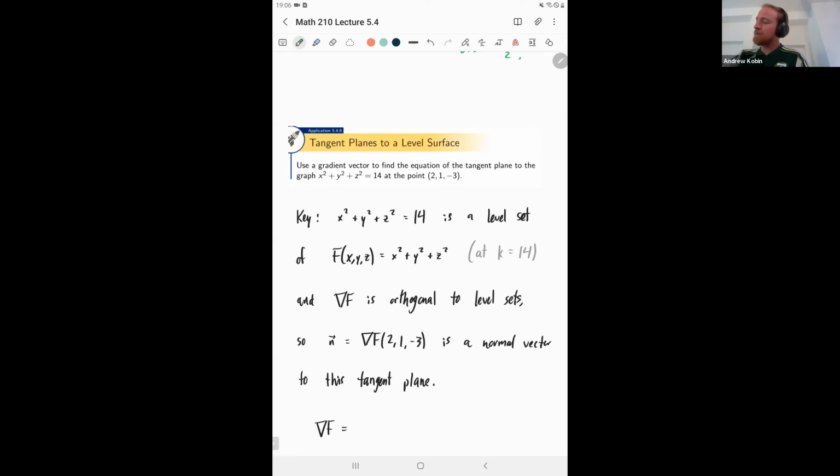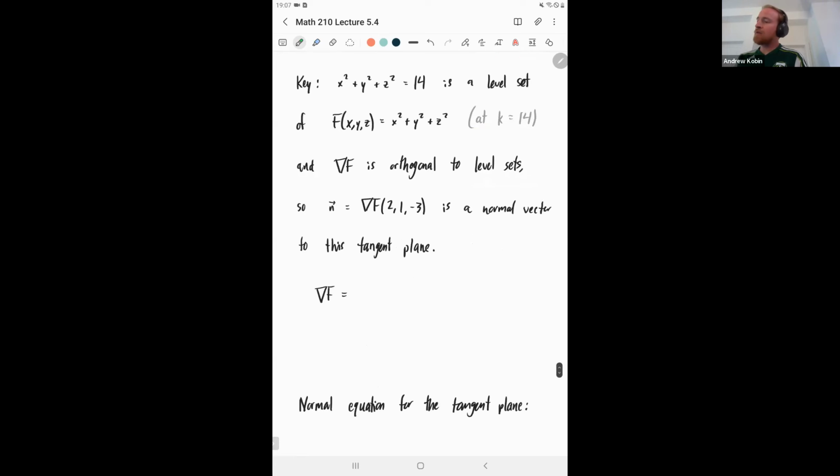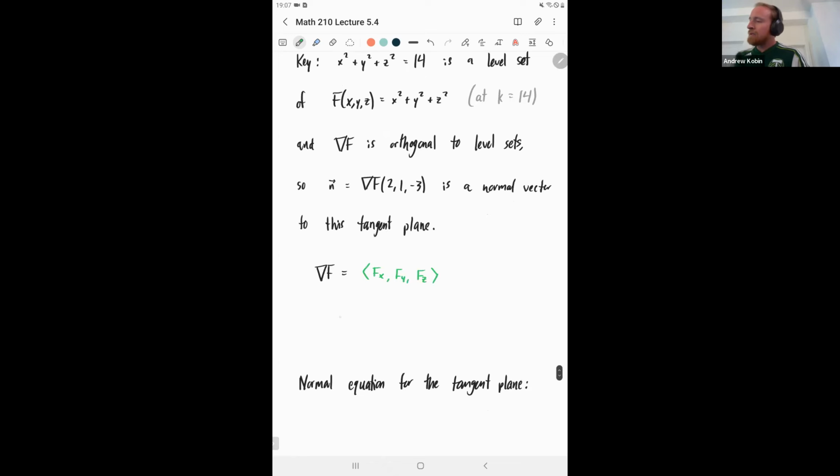In particular, let's compute the gradient of this capital F. Now that we've set up a single function, capital F of x, y, and z, we can treat each of these as variables, and we'll have 3 components of our gradient vector. So in general, this will look like the partial of capital F with respect to x, y, and z. Those will give us each of the 3 components of this gradient.